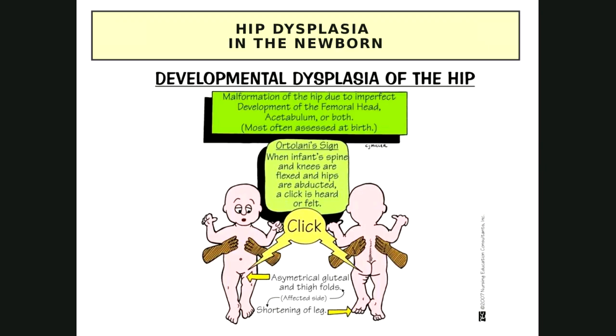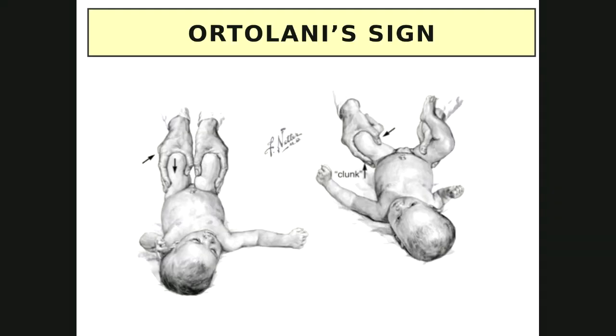But also, when you do your assessment, you're checking for hip dysplasia. Okay. And what you're going to do is also perform the Ortolani sign, where here's the photo of it. When you're rotating the hip here, okay, it says you're going to either hear a clunk, okay, or a click.